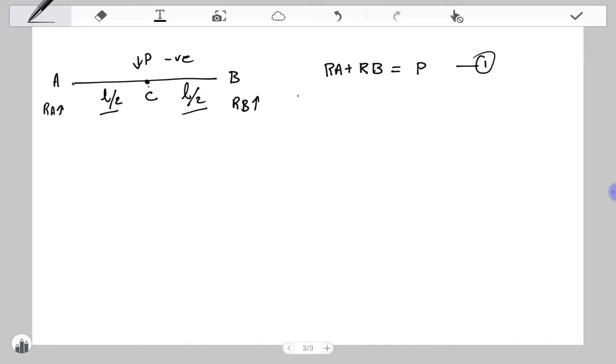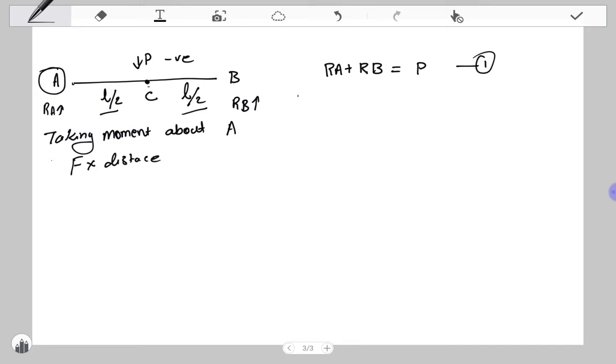Now I am going to take the moment of the lever about the point A. So taking moment about A. What is moment? Moment is equal to force into distance. That is the moment.